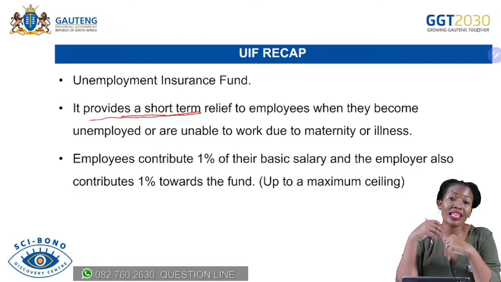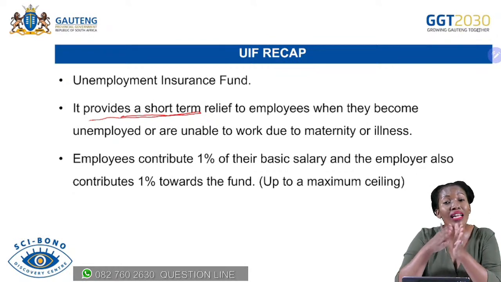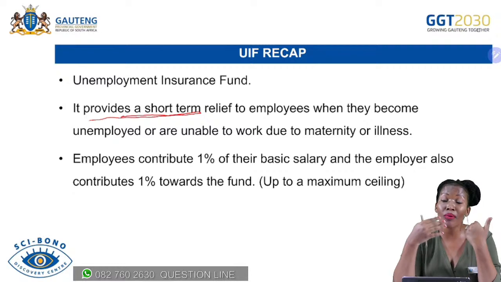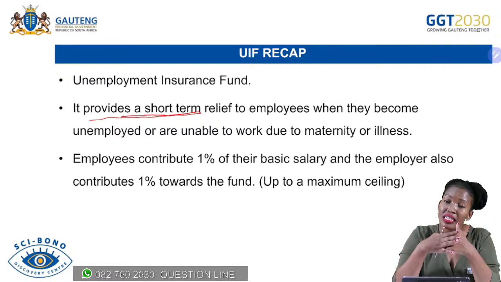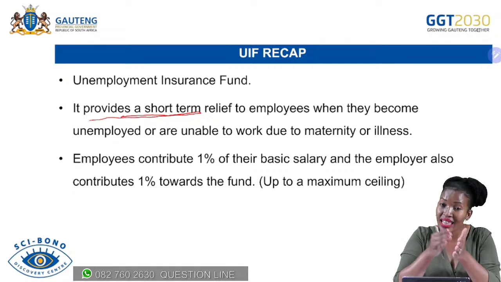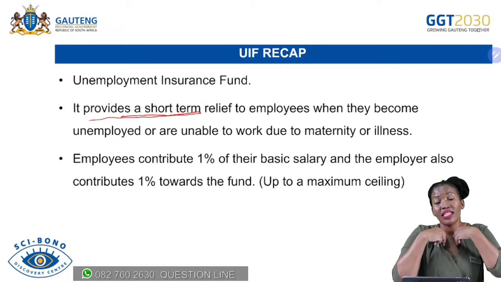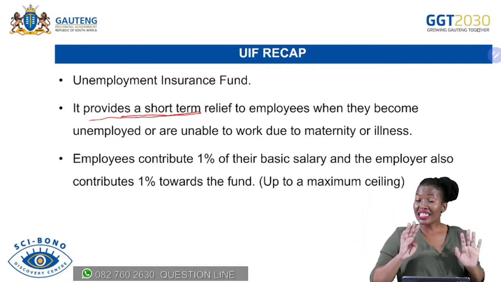So that is where the government came in to say all those people that were not earning income because they could not work were allowed to withdraw money from their UIF. So that is the purpose of UIF, to provide financial relief when a person is unable to work. And that is only due to valid reasons. You don't just decide, I'm not going to go to work for a month, then I'll take money from my UIF. It doesn't work like that.